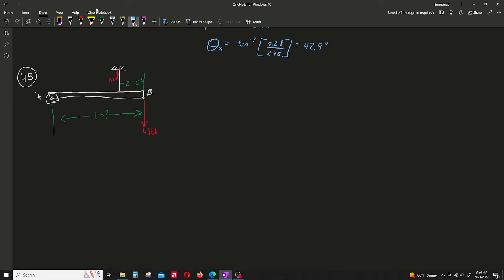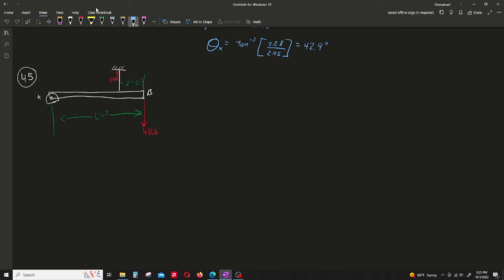Honestly, the easiest thing to do for this problem is solving for the moments about A, and then we can get L. Remember, force times distance equals moment. We have a force of 48 and a distance away of L, so we can solve by the moment.